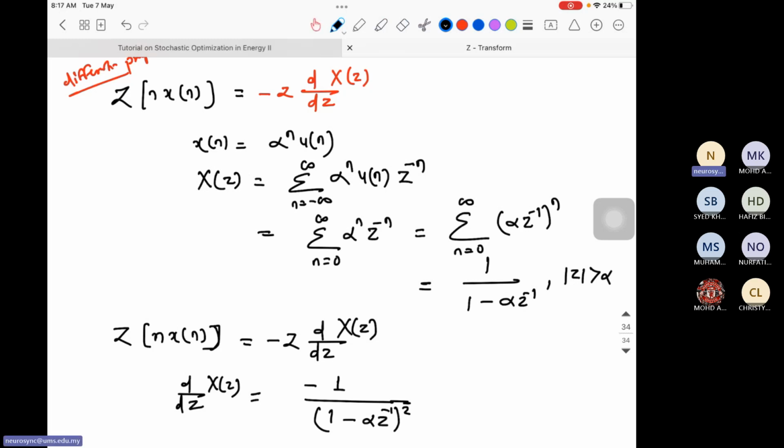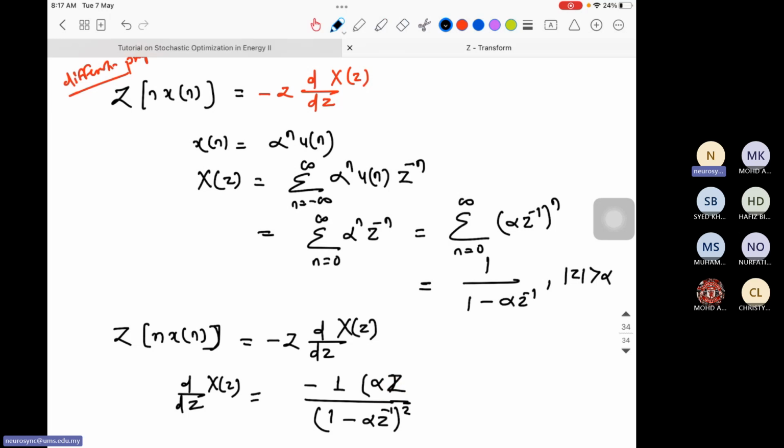This u by v rule we will apply. So we will end up with, we need to multiply this with minus alpha z inverse.